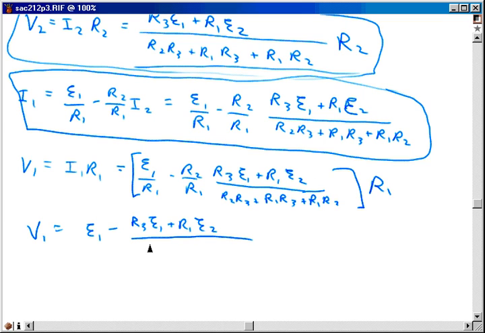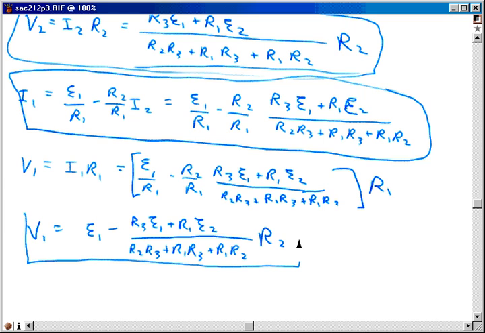And take this piece, and then times the R2 I still got left there. So there's V1. I got the current through resistor 1, voltage across resistor 1.